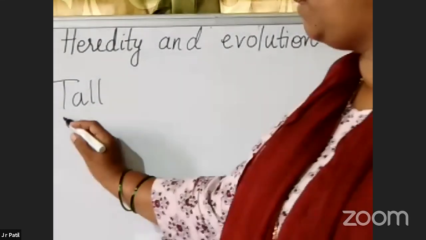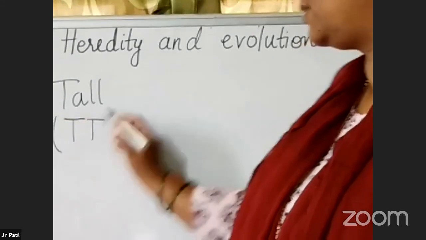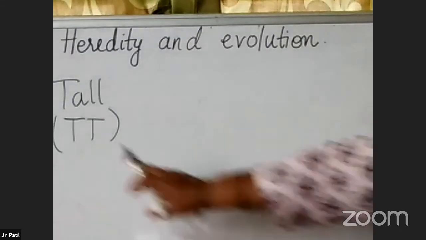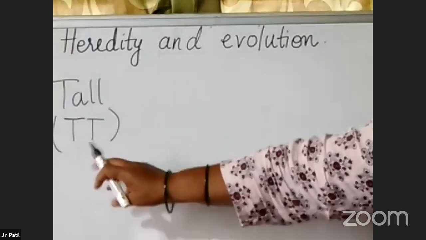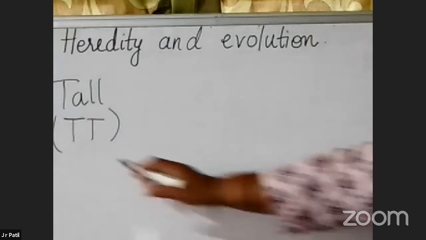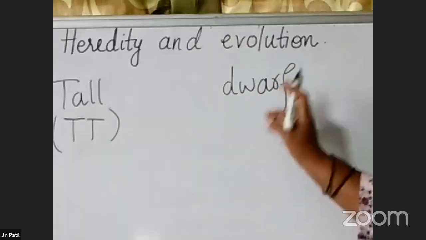And the genes will be represented by capital T like this. A pair of alleles will be present, or we can say a pair of genes. For tall, I have written both capital T. Can you understand this? Yes, ma'am. I take the contrasting recessive character for tall, small tt.